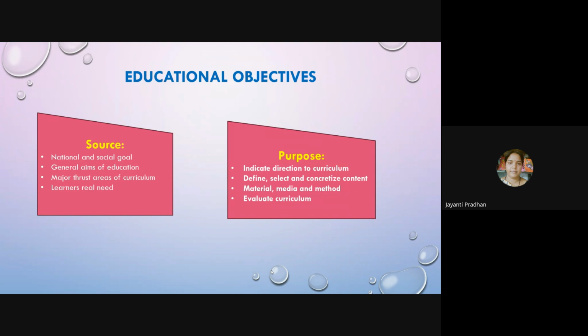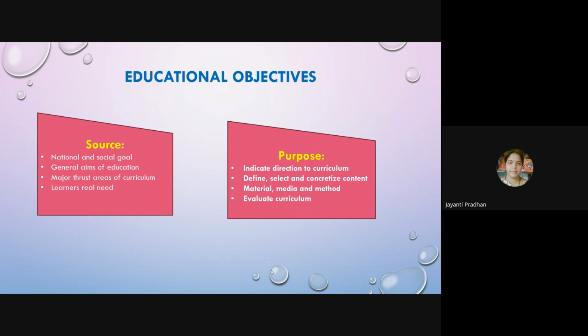So when we are formulating the educational objectives, we must focus on other factors or areas along with the learner's need. That is the national and social goal, the general aims of education, and major thrust areas of curriculum. What does it want to say?